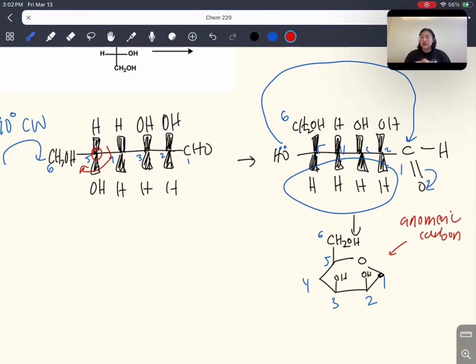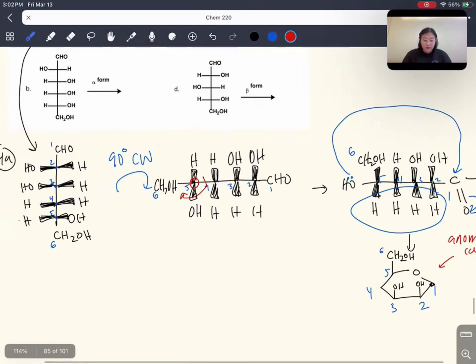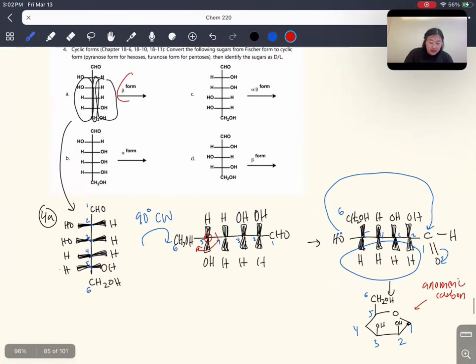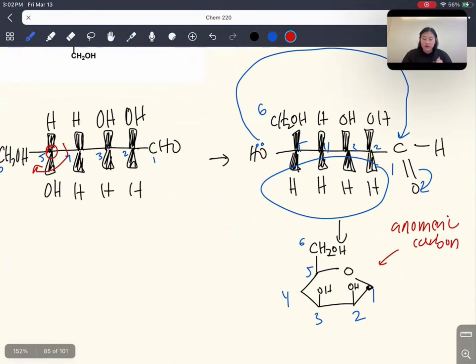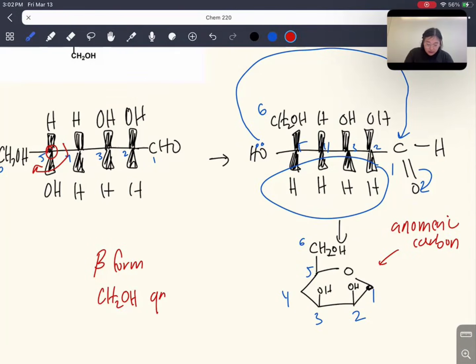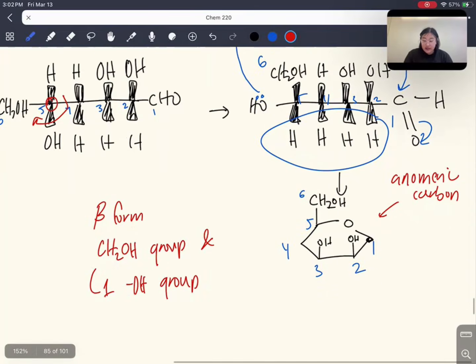And so in this first question, it's asking us to draw the beta form. The beta form means that your CH2OH group and your anomeric carbon, which is your C1, point in the same direction, or they are cis to each other.